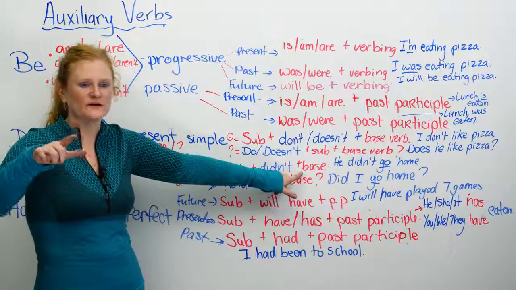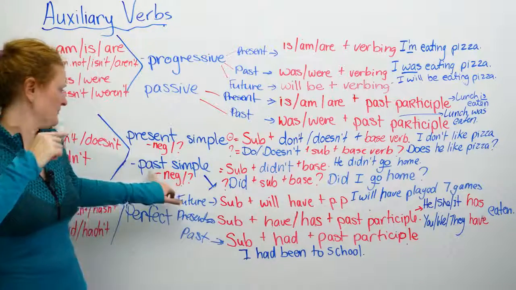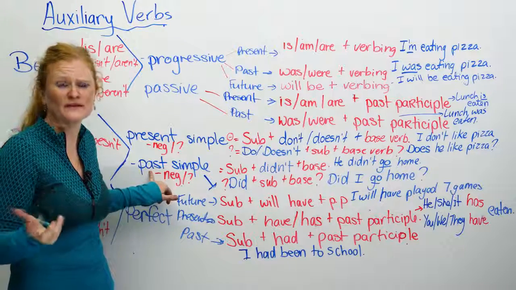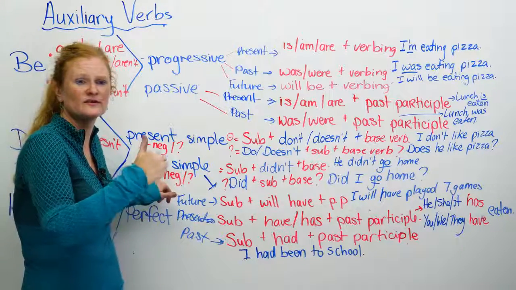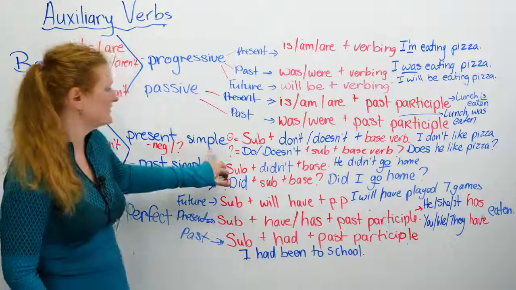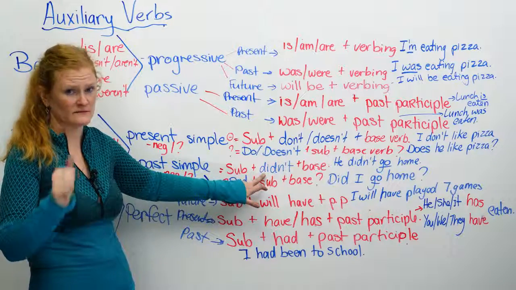So this is where we get confused, because we think, Ronnie, this is past tense. So if it's past tense, we have to use the past of the verb. Because our auxiliary verb didn't makes the sentence past.